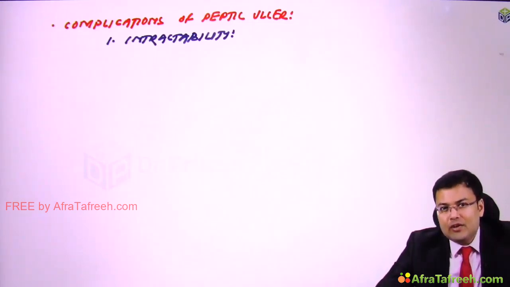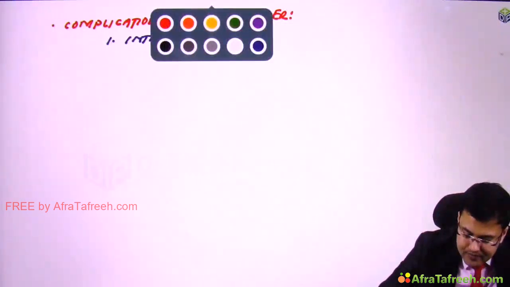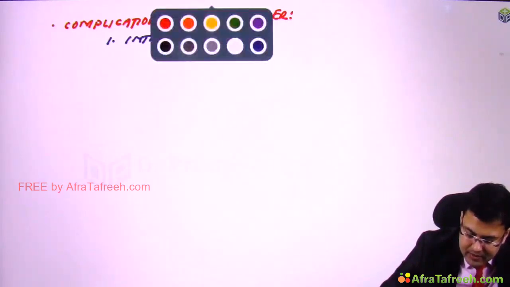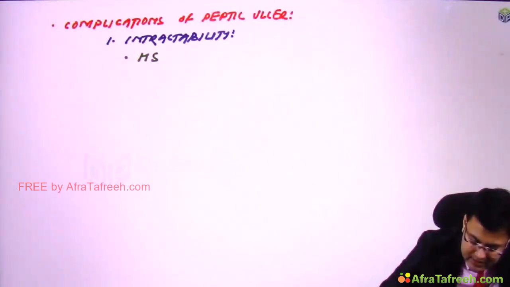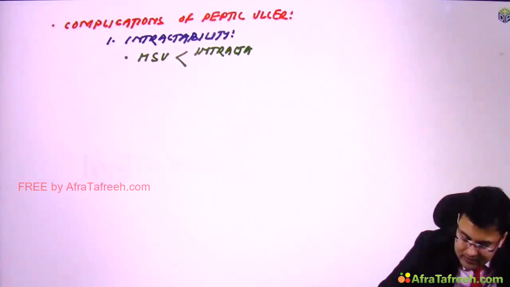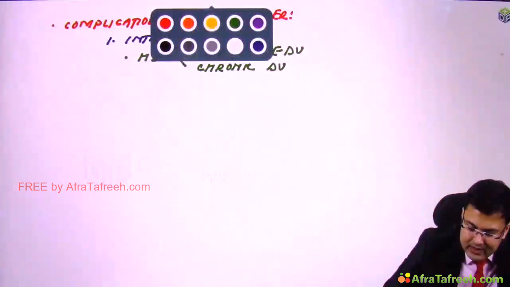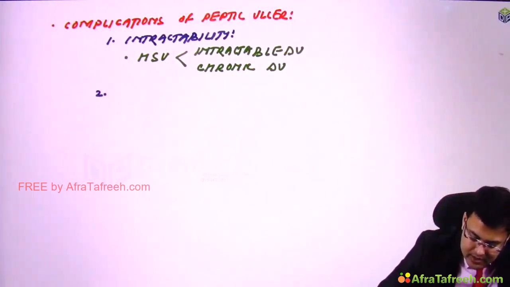Generally we go for highly selective vagotomy. It's performed for intractable duodenal ulcer or chronic duodenal ulcer.